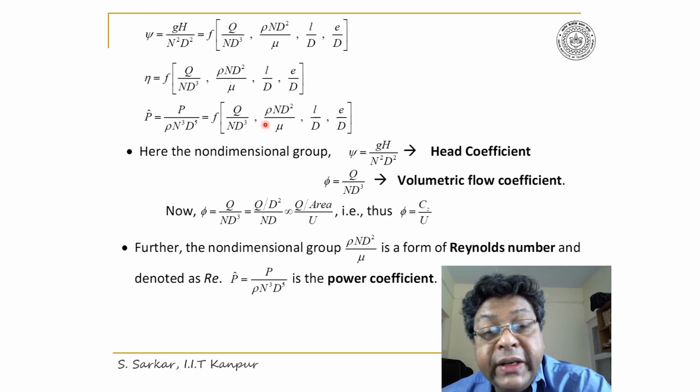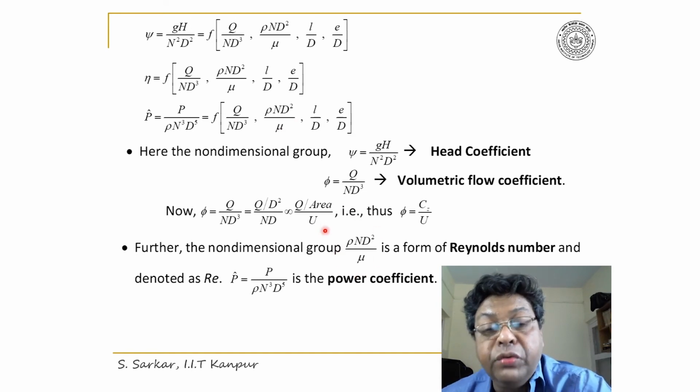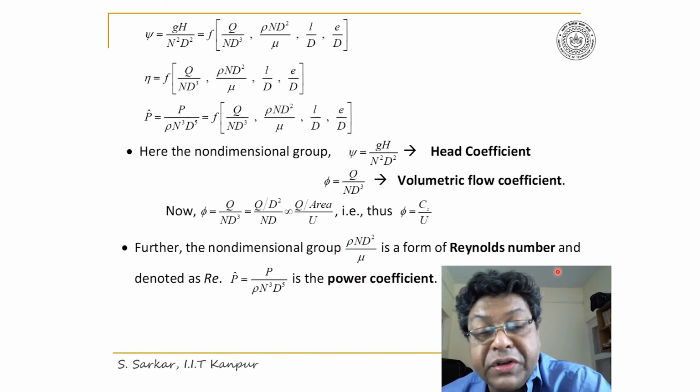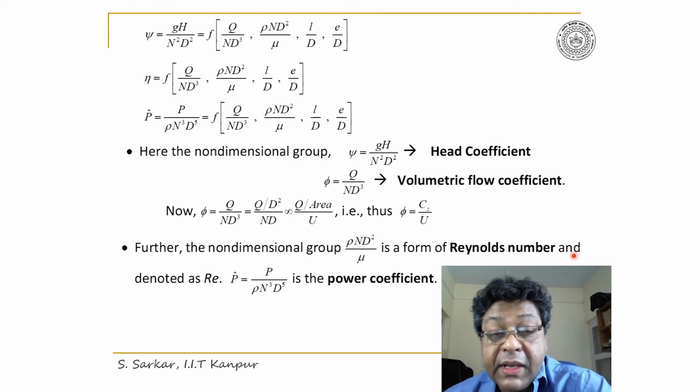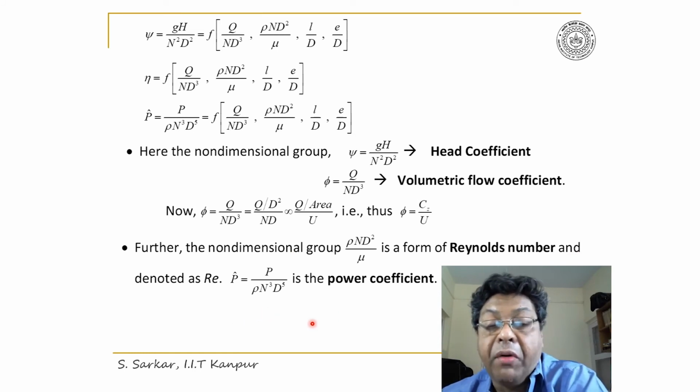Furthermore, what is rho N D squared by mu? Rho N D squared by mu is a form of Reynolds number. Similarly, P tilde, P by rho N cubed D to the power 5, is the power coefficient.